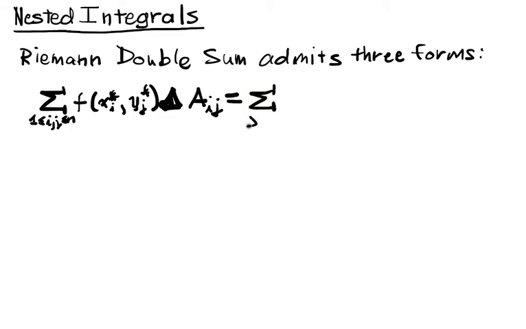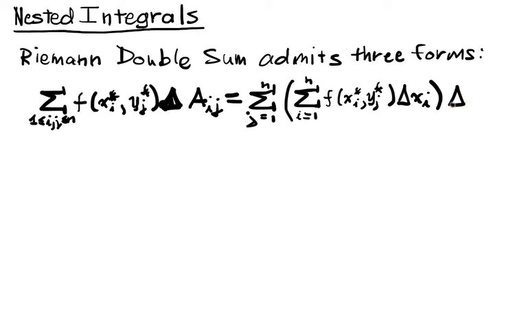So this is also equal to the sum over j equals 1 to n, the sum over i equals 1 to n, f of xi star, yj star, delta xi, and out here I have delta yj. So inside of here I have yj star fixed, and I just sum over all the x values. I can also reorder that sum. It's a finite sum. I can reorder it.